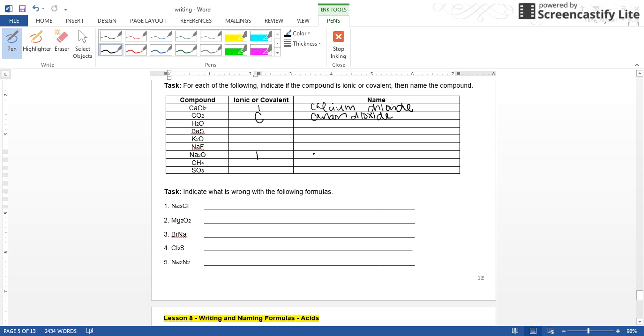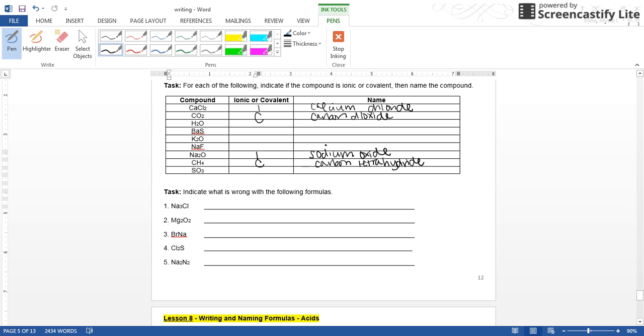Sodium is a metal, oxygen is a nonmetal. So we have sodium oxide. The next one here would be covalent. We have carbon and then tetrahydride. Okay, these are both nonmetals. This is also commonly called methane, if you've ever heard of that before.